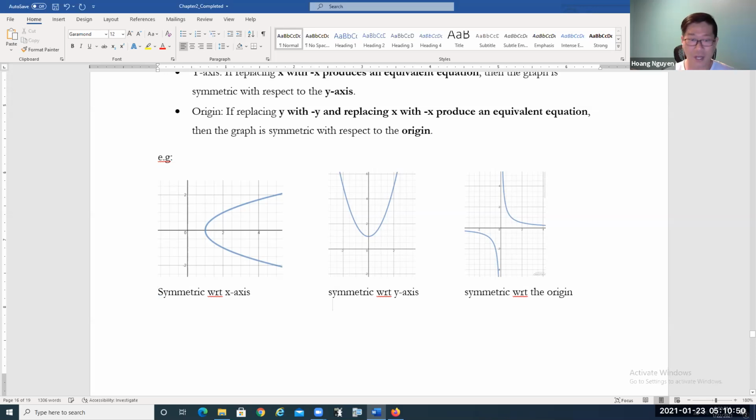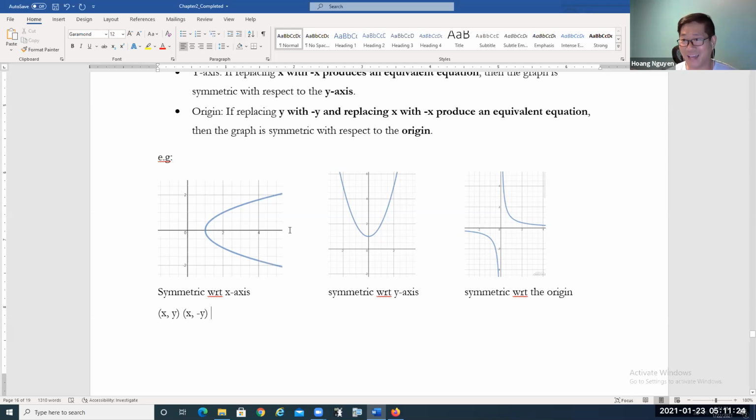When we have symmetry with respect to the x-axis, for example, when you pick a point x, y, you will have the point x comma negative y on the other side of the graph. It's a reflection of this point along the x-axis. So the point x comma y will have the reflection x comma negative y on the other side of the x-axis.